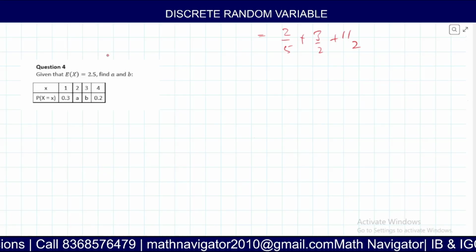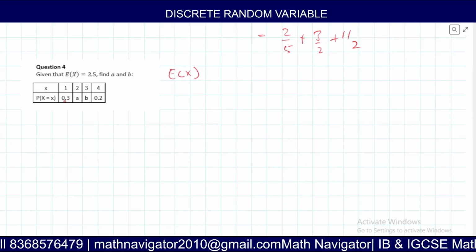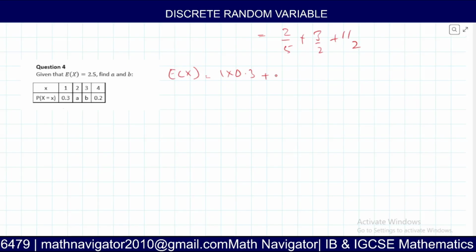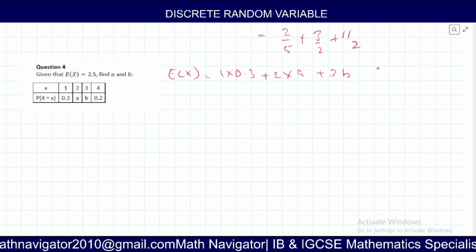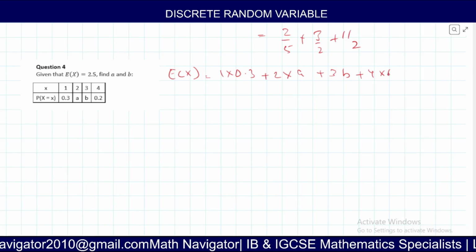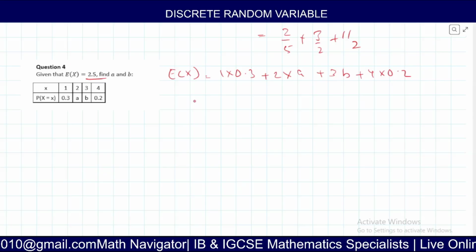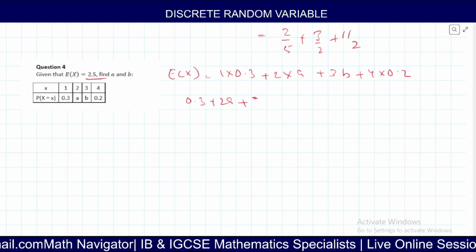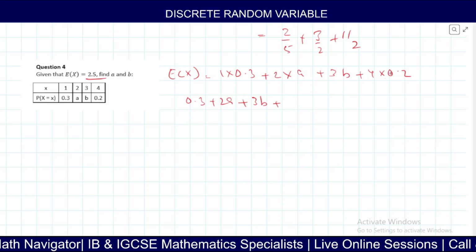I know that the expectation of x is equal to 1 times 0.3 plus 2 times a plus 3 times b plus 4 times 0.2, and expectation of x is given as 2.5.